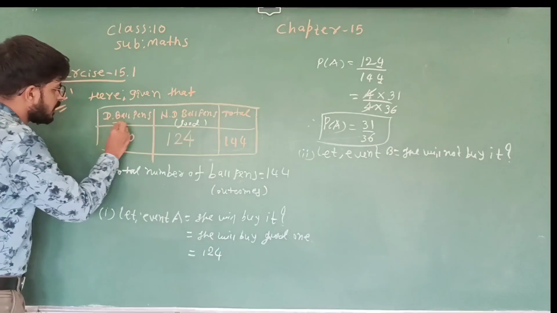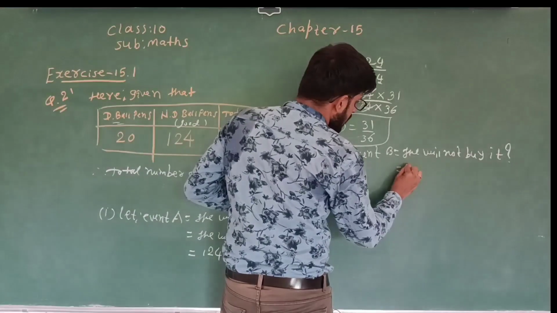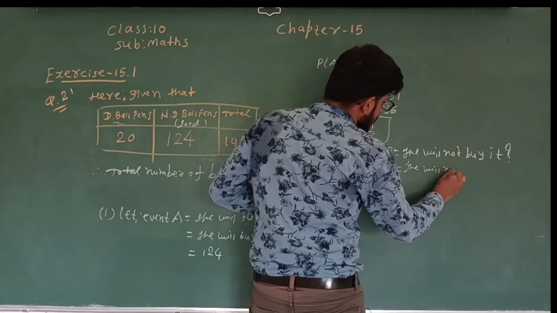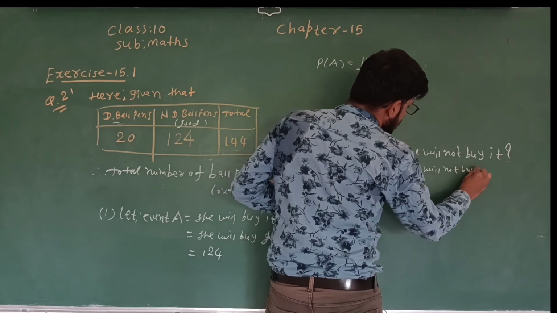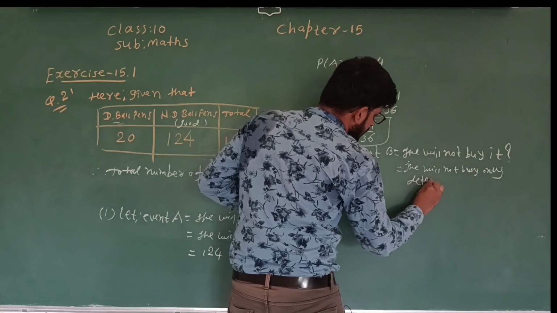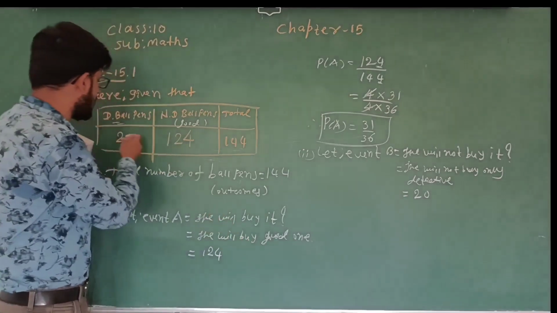So defective pens are rejected. She will not buy only defective ones, and it is given that 20 pens are defective.